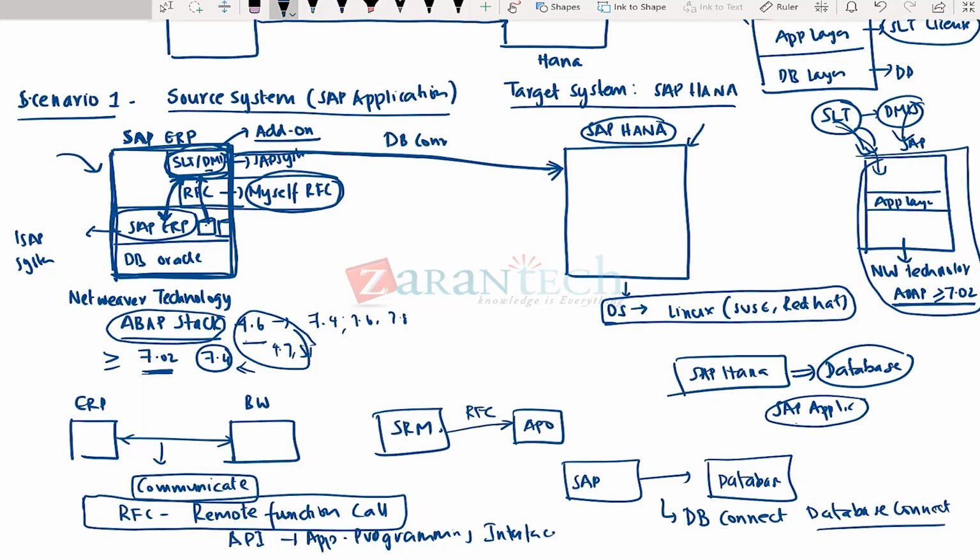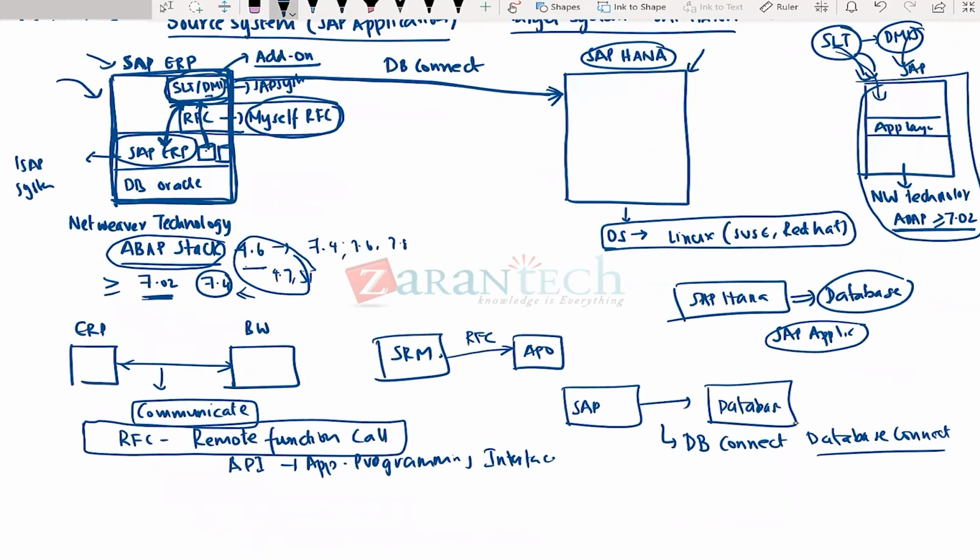I know it's a lot to process, but again, you don't need to know this information. The only reason I am explaining this to you is, if this discussion happens when you have joined the project, you can provide some input on what to do with the SLT installation. Now, if the source system was an SAP application like SAP ERP, running on NetWeaver technology greater than or equal to 7.02, you can decide to add on your SLT application right within that same box.